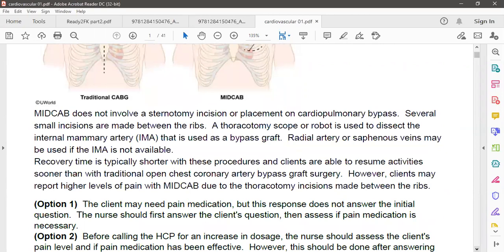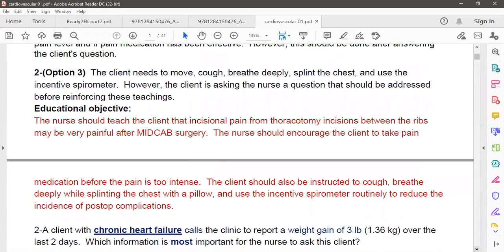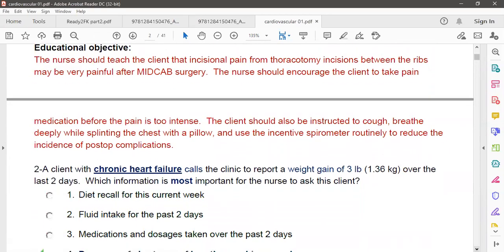So what are the nursing interventions? Let me read it. The nurse should educate the client that the thoracotomy incision is made between two ribs and may be very painful after the grafting surgery.